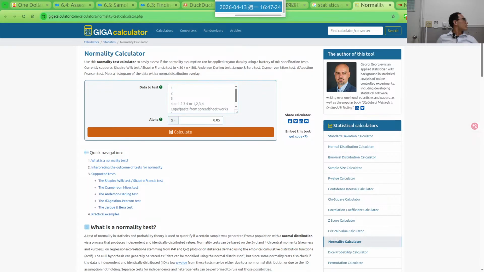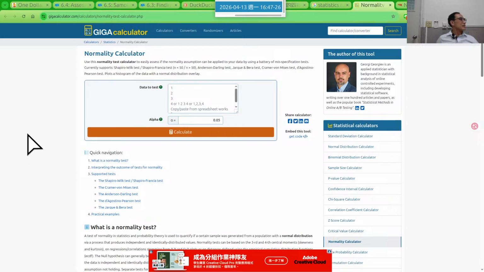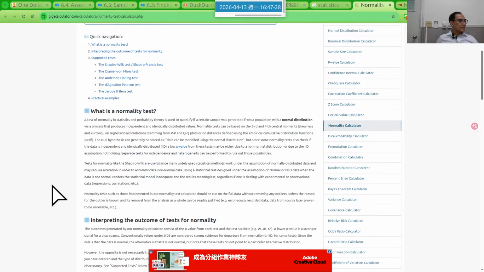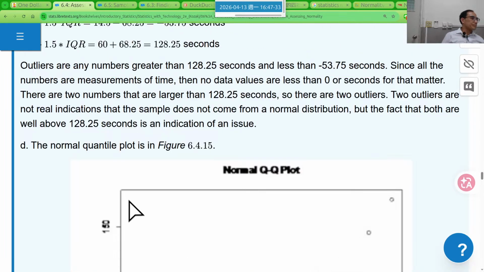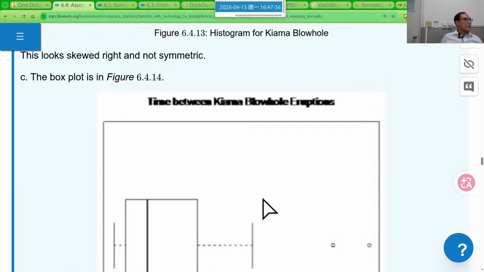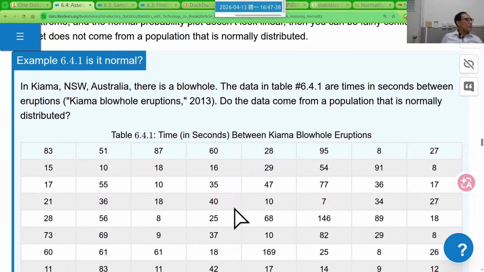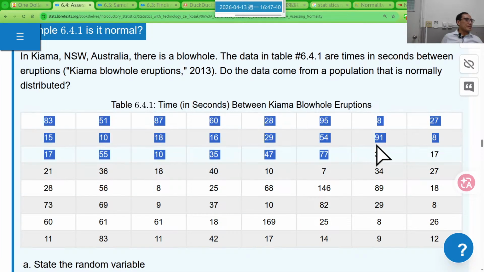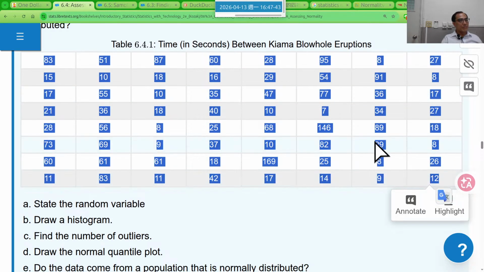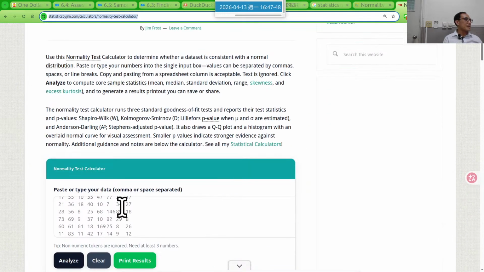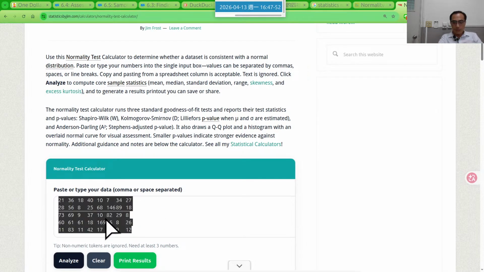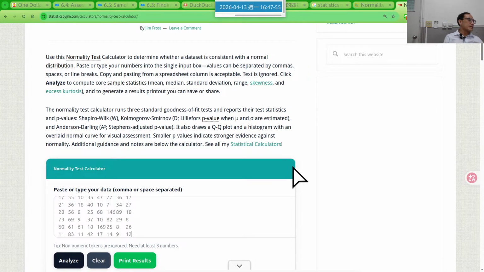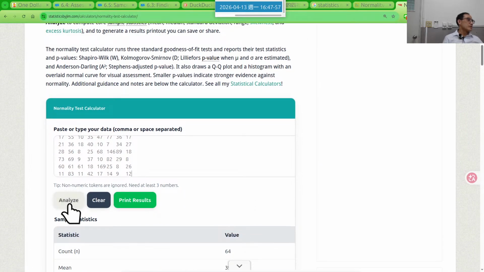I did send the link here. If we select the numbers here, press Control C to copy, and paste them here, then click Analyze.